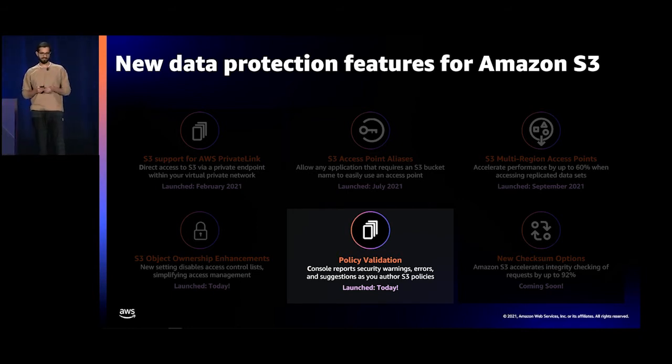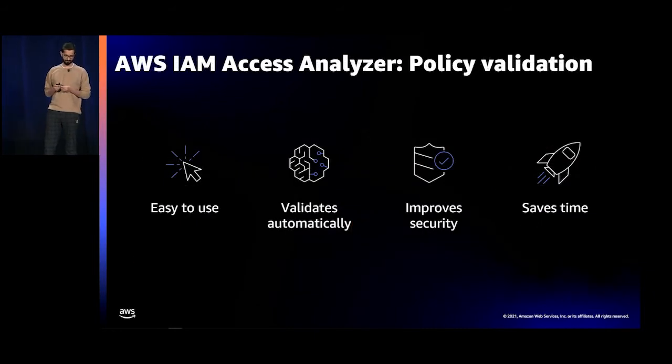The other feature that we launched today is dynamic policy validation of your S3 policies. Policy validation with Access Analyzer guides you to author and validate secure and functional policies with more than 100 policy checks. You can use these checks while creating new policies or to validate existing policies.